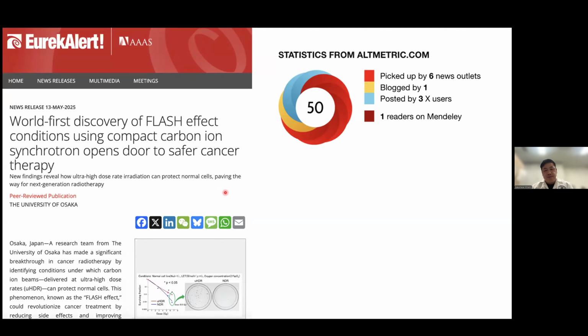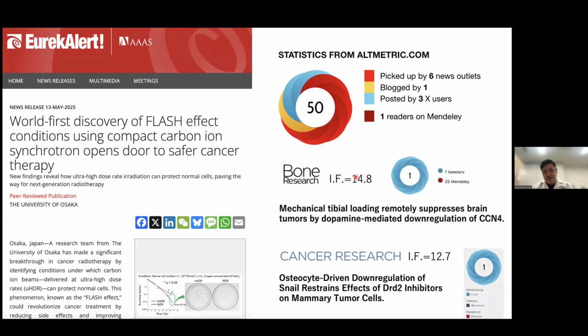I regularly publish papers in journals with an impact factor of around 10 or higher, but you can see that this Altmetric score is only one. Oh no. This experience made me realize once again that flash research is a field that attracts strong social interest, with many members of the public eager to see this technology translated into clinical practice as soon as possible, I think.